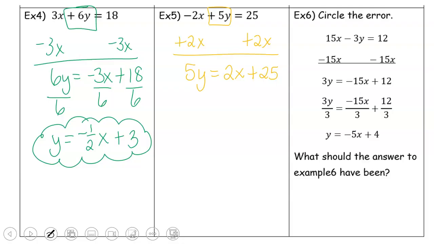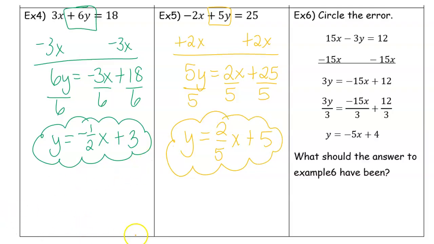To get rid of times 5, I'm going to divide everything by 5. So y is going to equal 2 divided by 5. That can't be simplified, so I'm just going to leave it. 2 divided by 5x. But 25 divided by 5 can be simplified to plus 5.